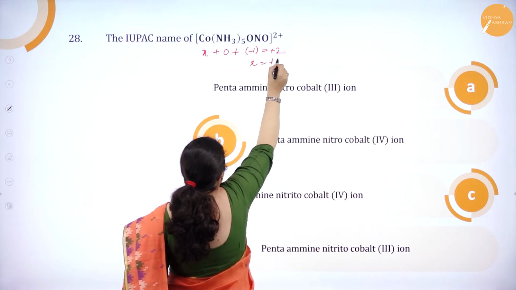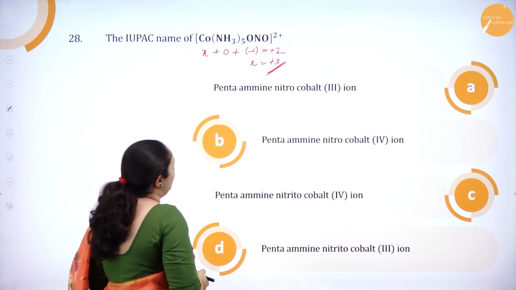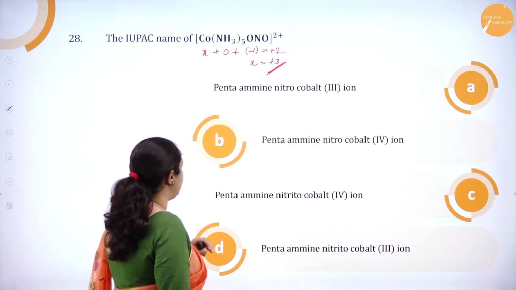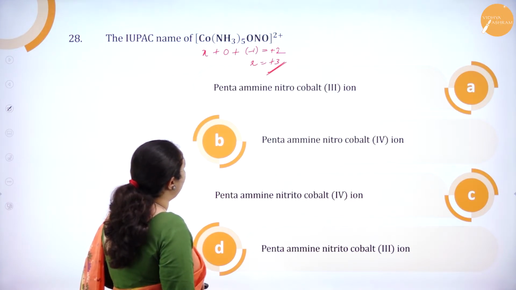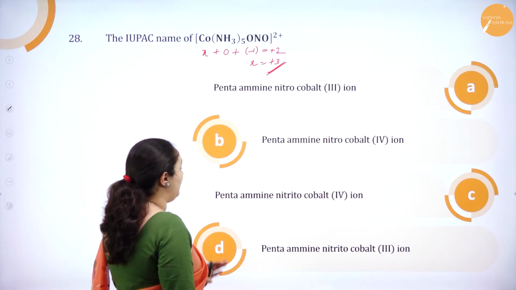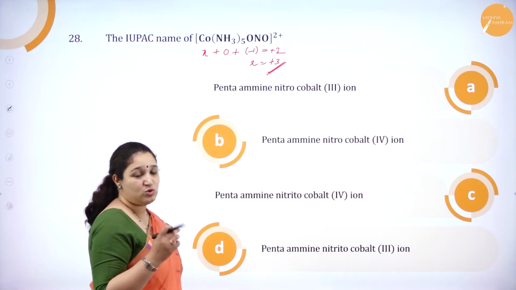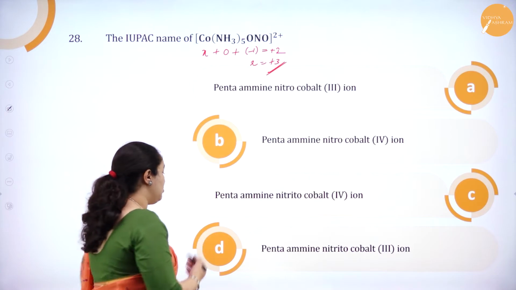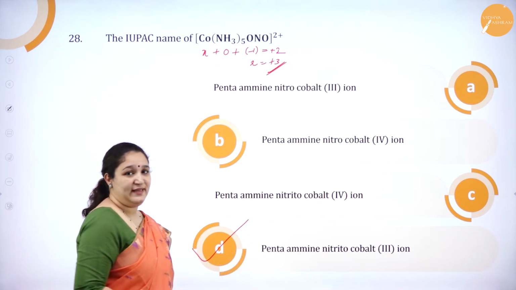So x is equal to plus 3 is the answer. So there are two options with plus 3, option A and option D. Pentaamminenitrocobalt(III) ion, pentaamminenitritocobalt(III) ion. It is ONO, so oxygen is the donor. So it is nitrito. Correct? So it is option D.